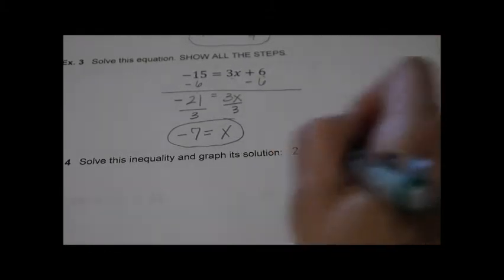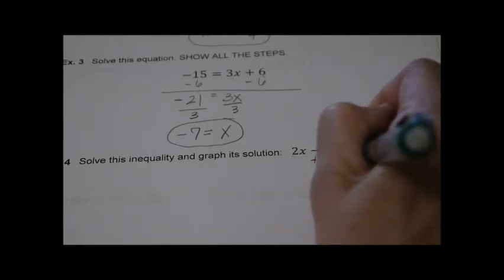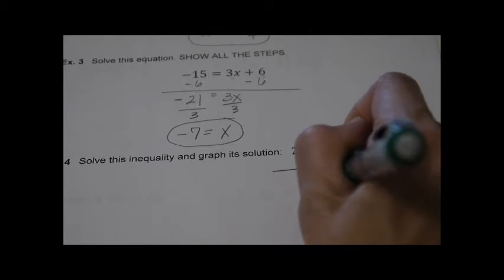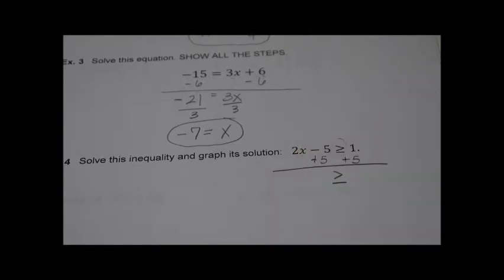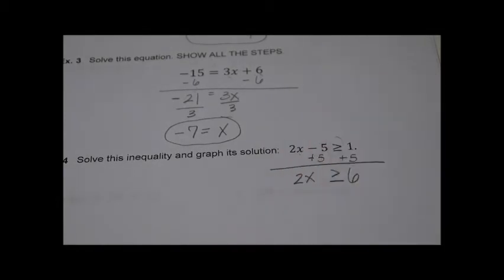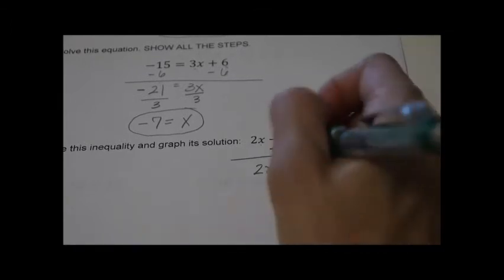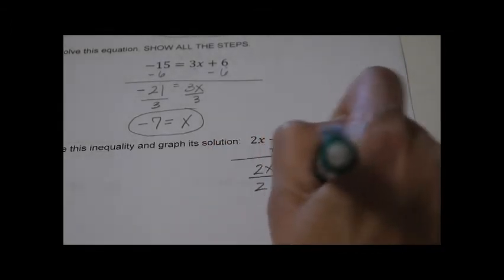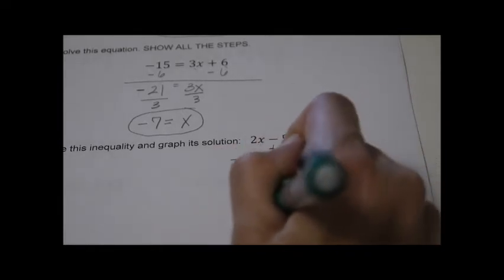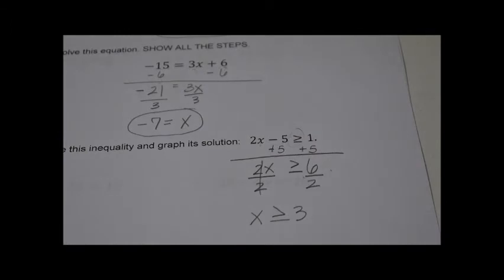Okay, so again, we want to get x by itself, so we're going to add 5 to both sides, keeping this symbol, okay? So if we add 5 to both sides, now we got 2x is greater than or equal to 6. And then we want to get x alone, so we divide both sides by 2. So now we have x is greater than or equal to 3.